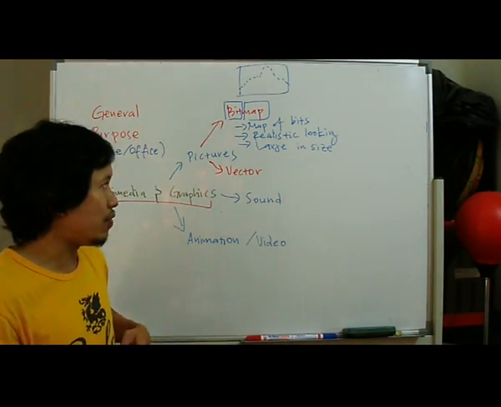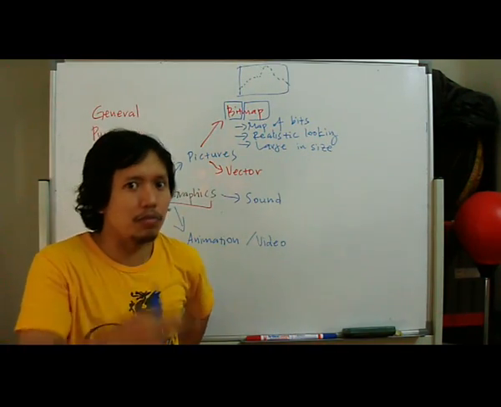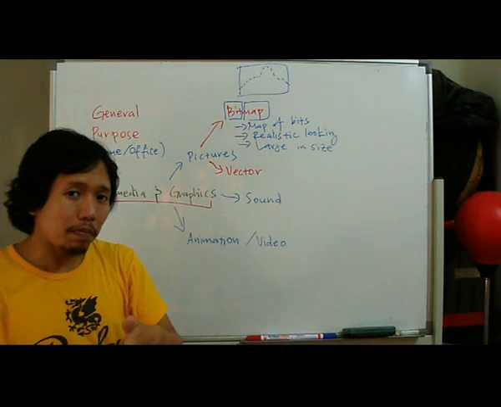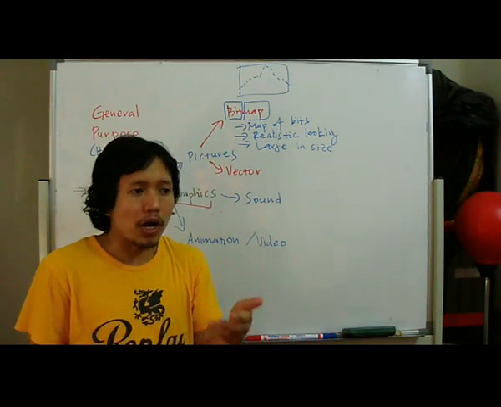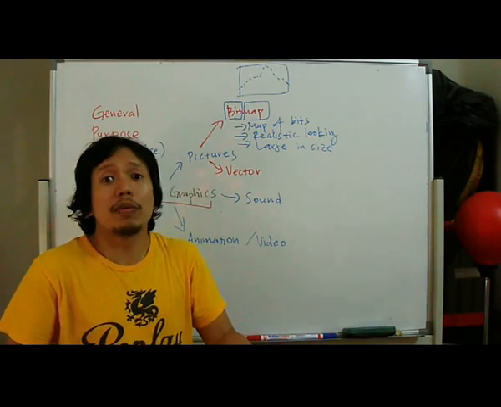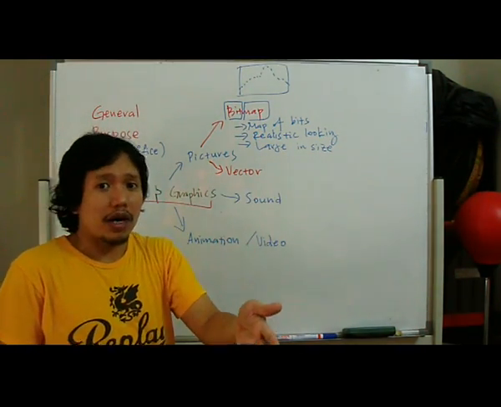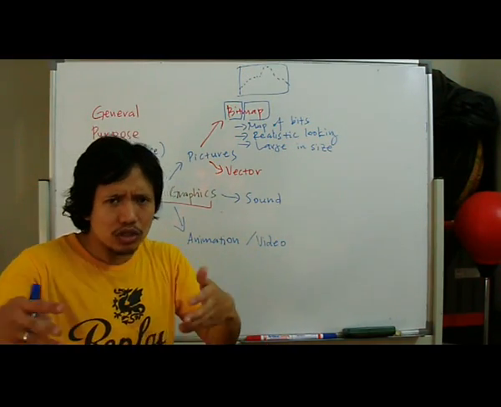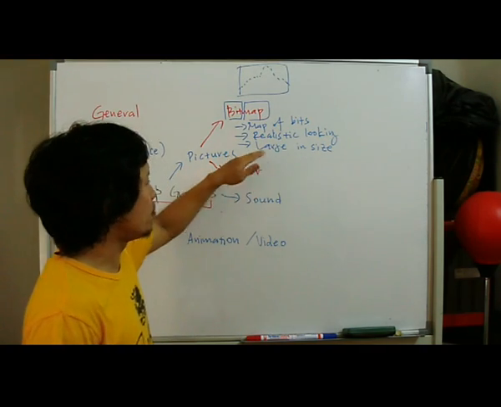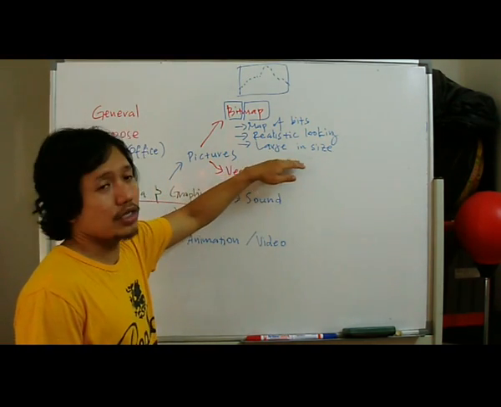Let's say, for example, if you take a picture with your 14 megapixels camera, which is the one I'm using now, you take a picture, compare the size of that picture to the size of your Microsoft Word file. For example, your Microsoft Word file might be 20 kilobytes, whereas your picture might be 3 megabytes or 5 megabytes. So which is much larger. So that is with regards to bitmap. It looks realistic, that is the advantage, but it is large in size.